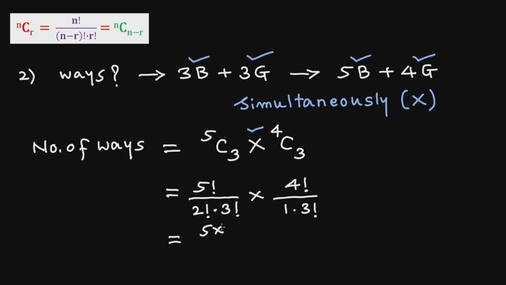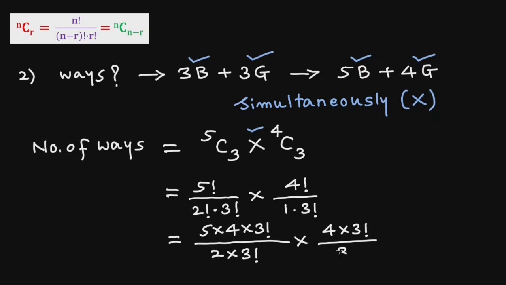This will be 5 into 4 into 3 factorial upon 2 factorial which is 2, into 3 factorial, multiplied by 4 into 3 factorial upon 3 factorial. Cancelling 3 factorial, 2 ones are 2, 2 twos are 4, we get 40 such selections.